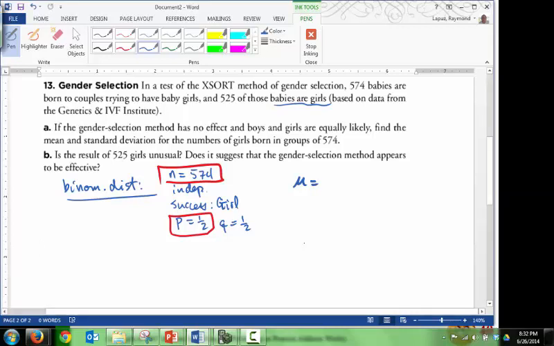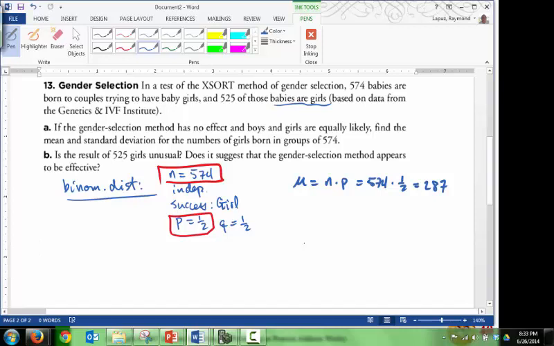So we'll use a shortcut: the mean is N times P. So 574 times 1/2. What's 574 divided by 2? 287. So out of these babies, we should expect 287 to be girls and 287 to be boys, just split down the middle. That's our expected value.